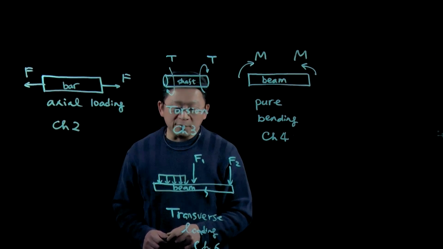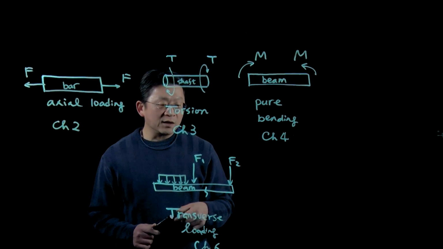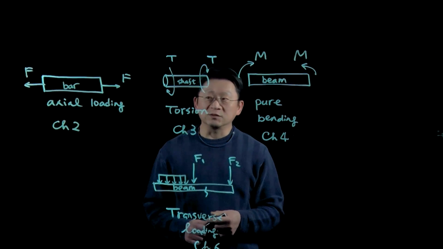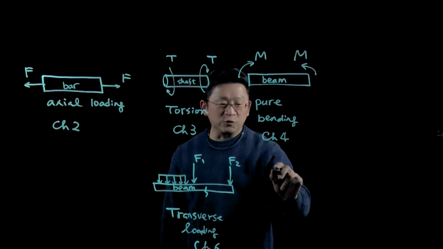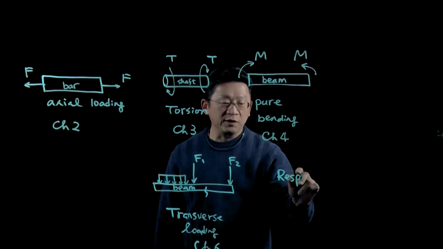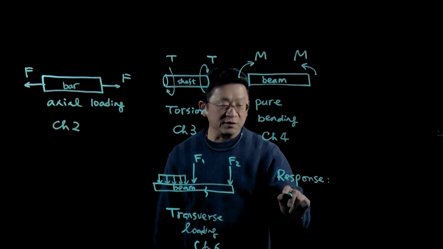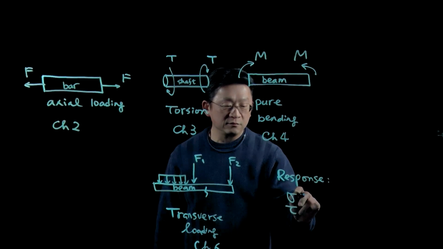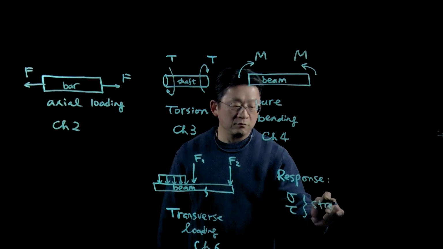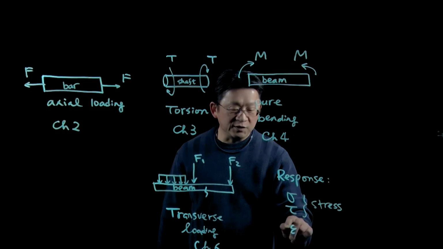Starting from here, we really want to know how to quantify the response of the material, basically the response of the material to loadings. Usually we describe it using stress or using strain.